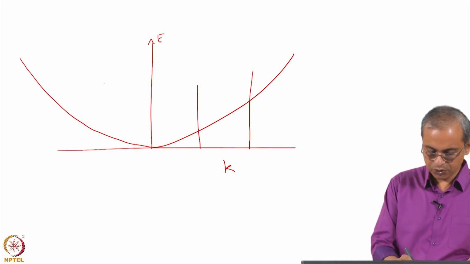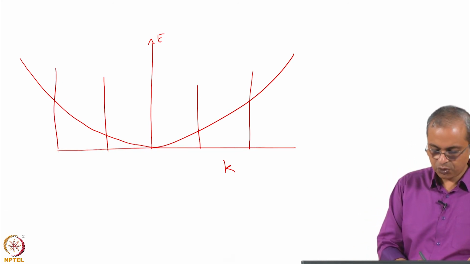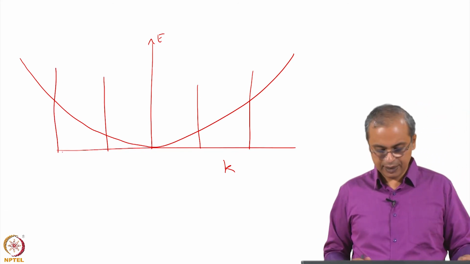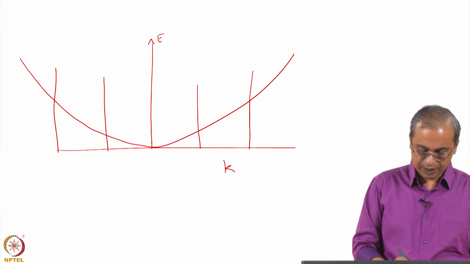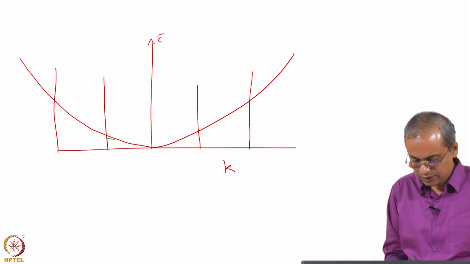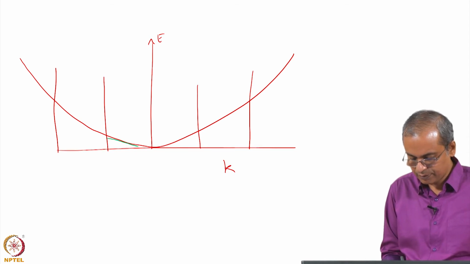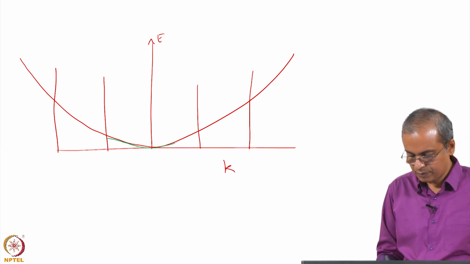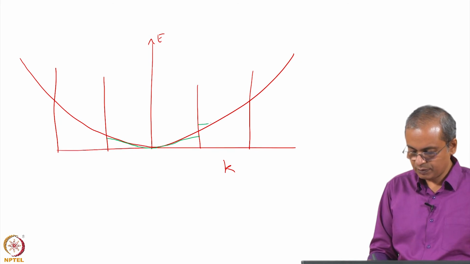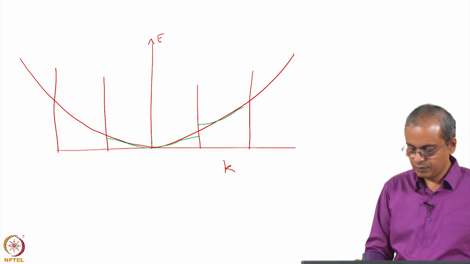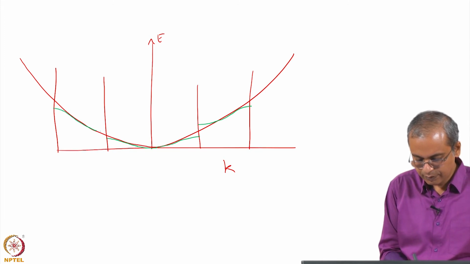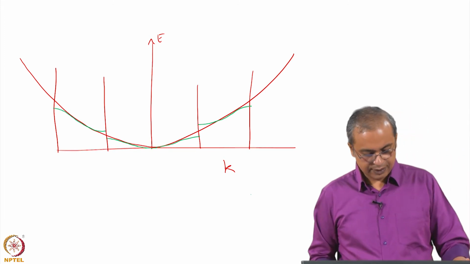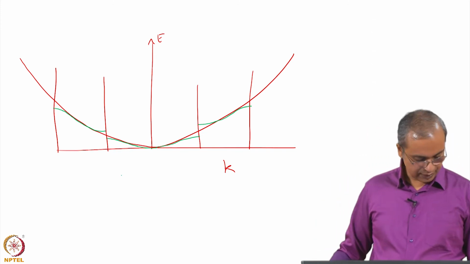These Brillouin zones come from the crystal structure of the material, and at the boundaries of those Brillouin zones these parabolas distort, and that is how this diagram has come about.